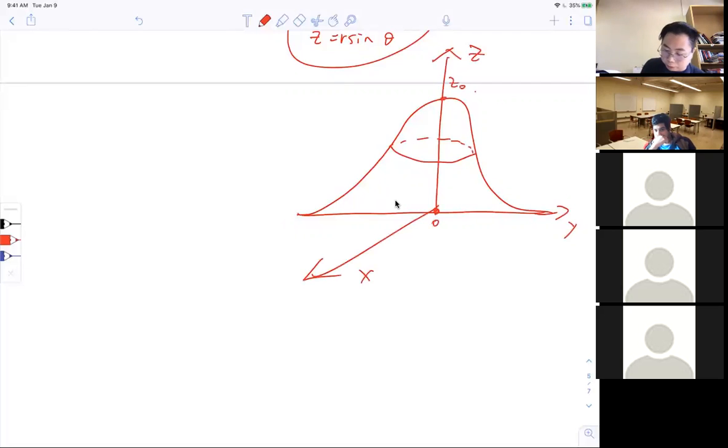For the volume integral, you always need to fix the integration along z first.